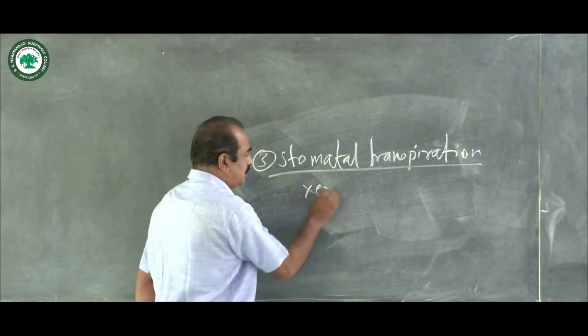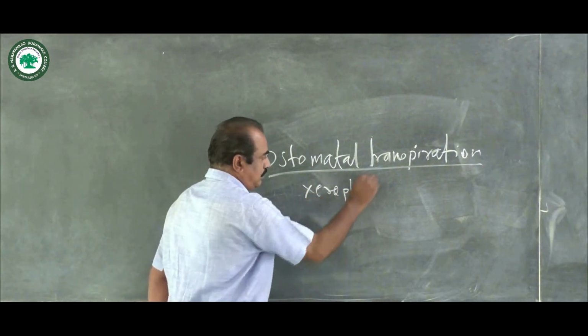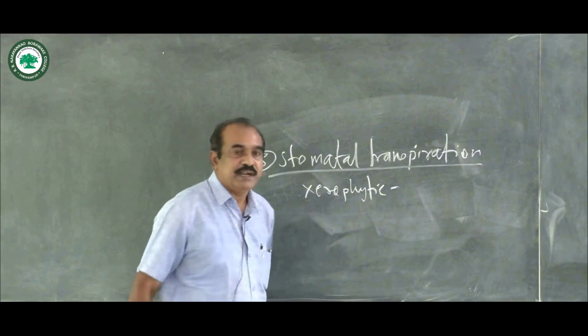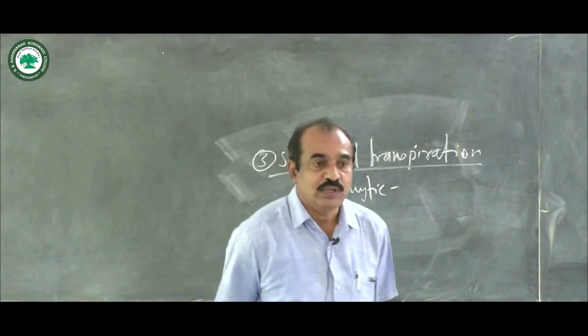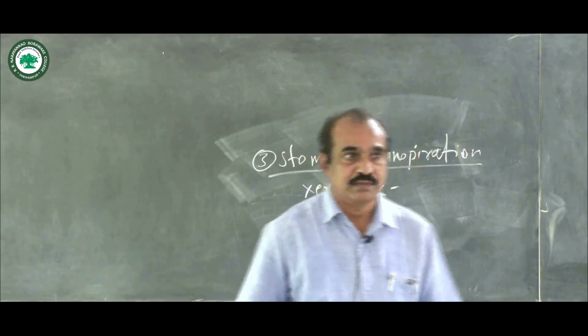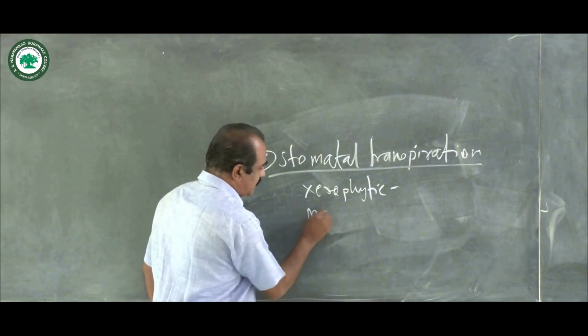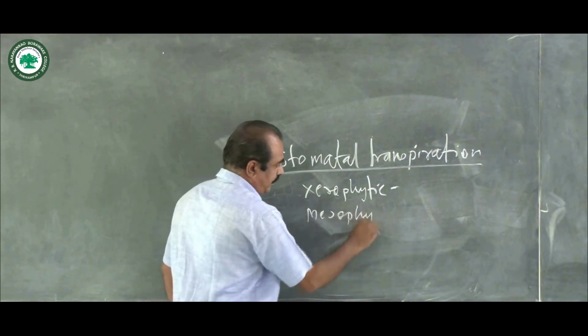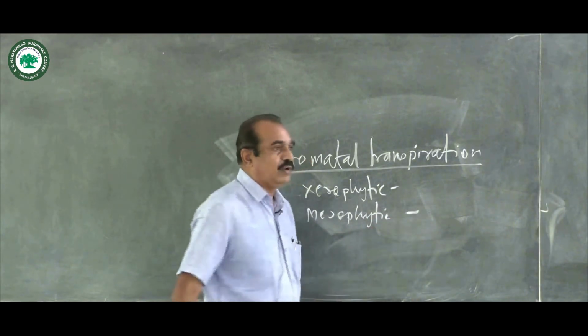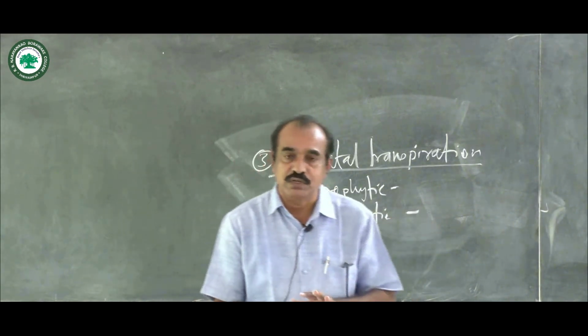When plants are xerophytic, stomata are developed only toward the lower surface. That means they are restricted only to the lower surface. And when plants are mesophytic, then stomata are developed on the upper surface and also on the lower surface.